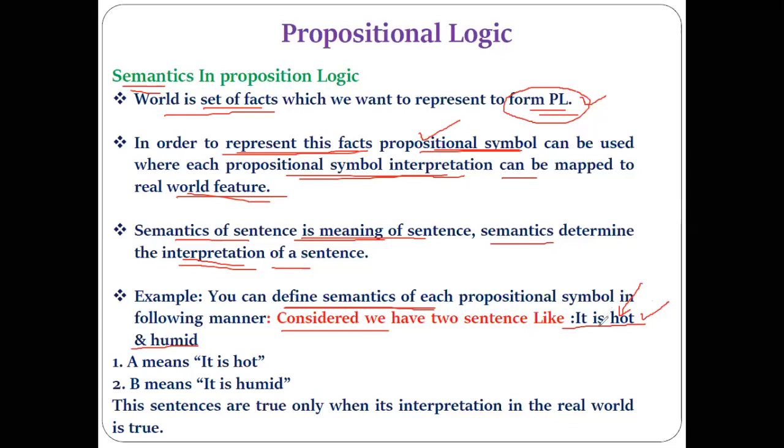The sentence is: it is hot and humid. Suppose I represent the first statement with A and the second statement with B. Here we have two statements: first is it is hot and second is it is humid. So I represent the first statement with A, that is it is hot, and the second statement with B, that is it is humid.